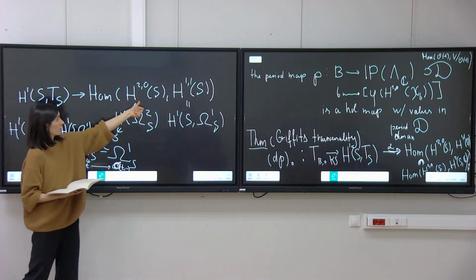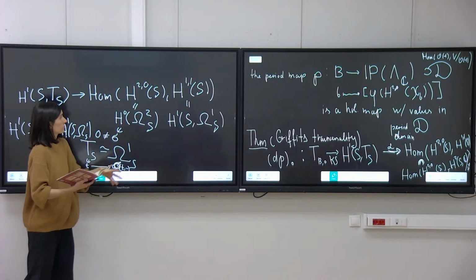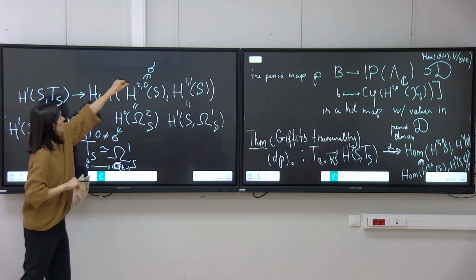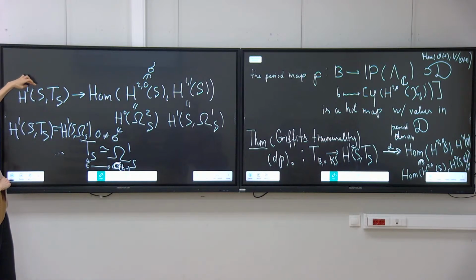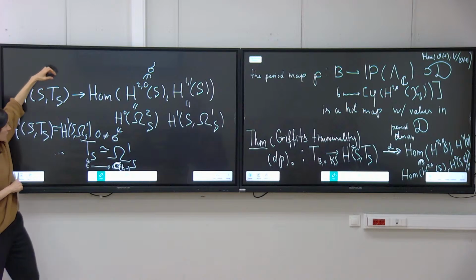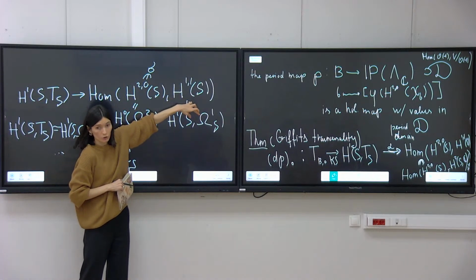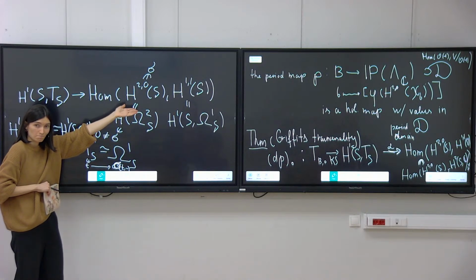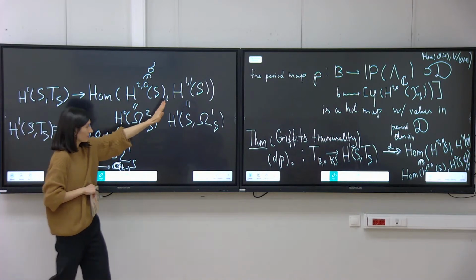Okay, so we fix an element here. And from an element here, we obtain a homomorphism from first cohomologies of the tangent bundle to the first cohomologies of the cotangent bundle. Okay? Very simple linear algebra.